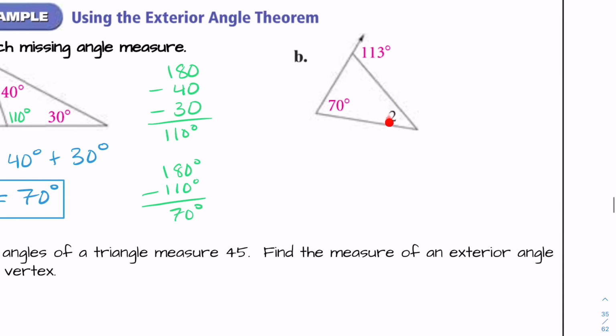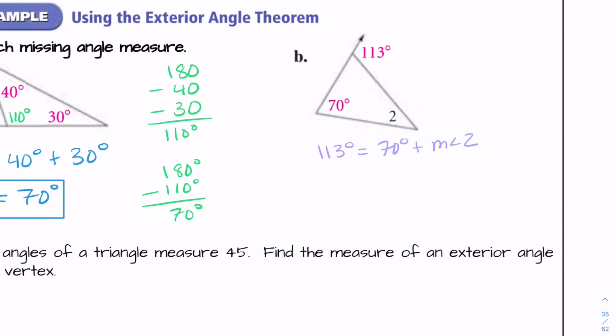Okay? But here's where it's helpful. What if you don't have this angle but you have this one? Well, instead of finding this angle using the fact that they're supplementary because it's a straight line and they add up to 180, finding this angle and then adding these two and finding this one when taking away from 180, that's kind of a lot of work. What we could just say is that 113 degrees is equal to 70 degrees plus the measure of angle 2.